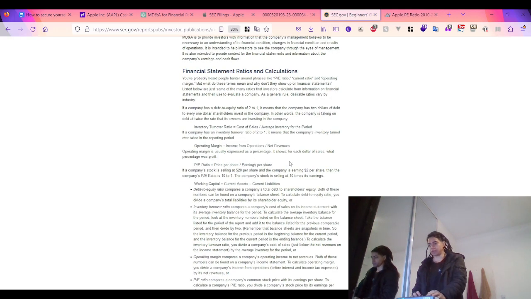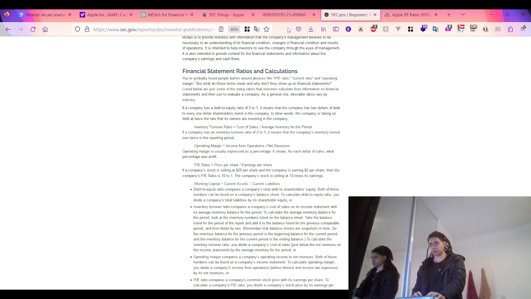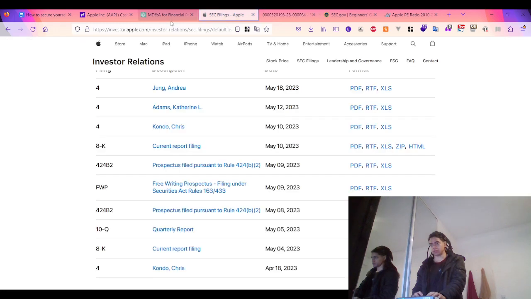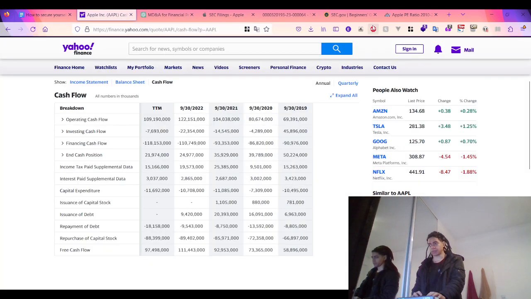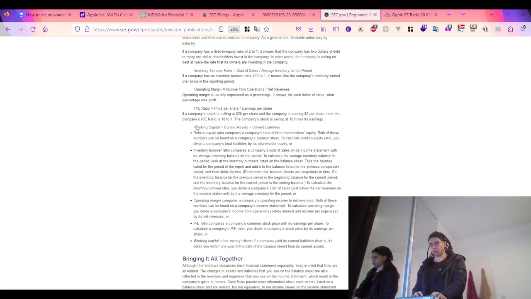Price per share, earnings per share. And keep reading off the P/E ratio. Working capital, which is equal to current assets minus current liabilities, something that I'm quite familiar with.